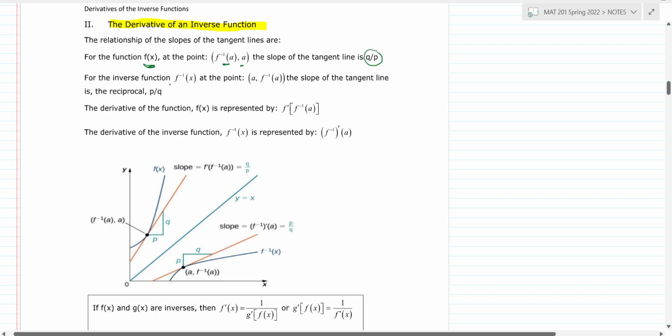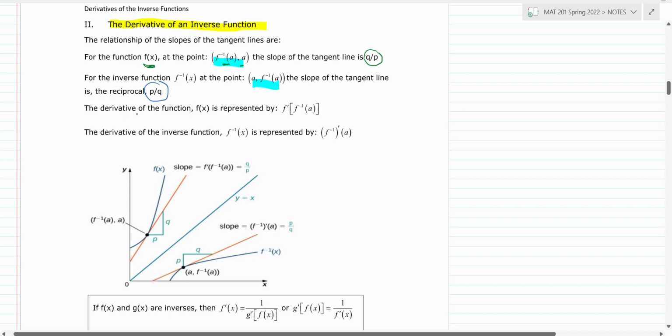So for the inverse function, f inverse of x, at a point that is flip-flopped, notice that the a becomes the x and the inverse becomes the y value. So just pay attention to these 2 points and how they flip-flop. It says the slope of the tangent line is the reciprocal p over q. So that should be logical, and we'll look at some examples to show why this works.